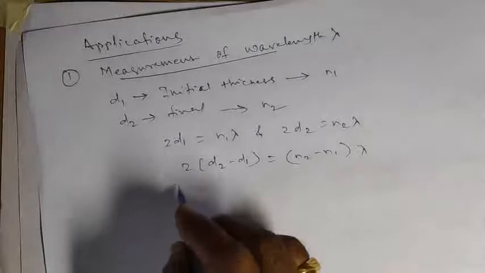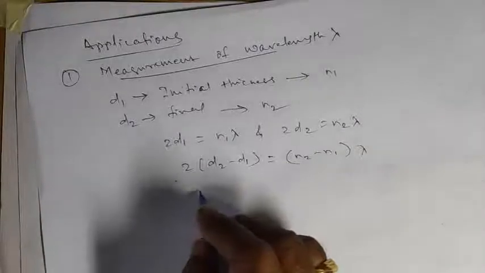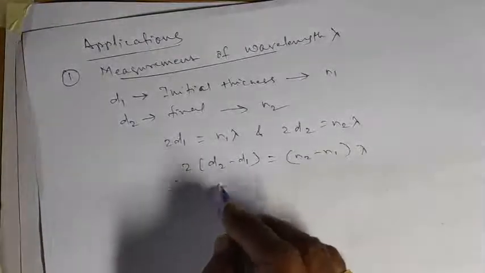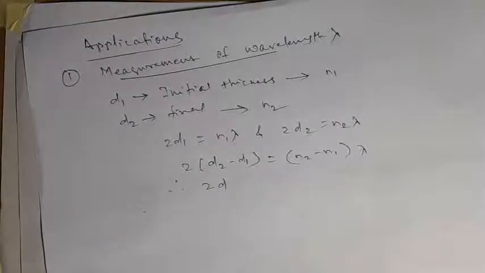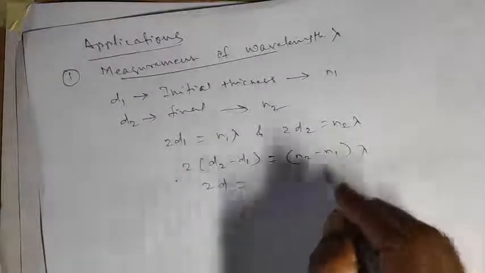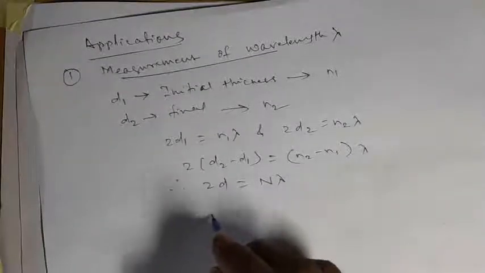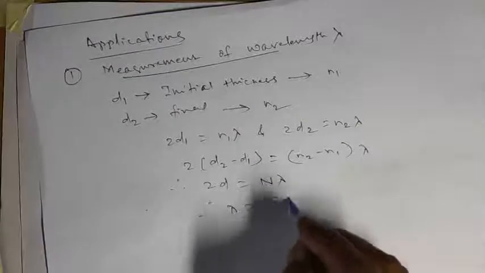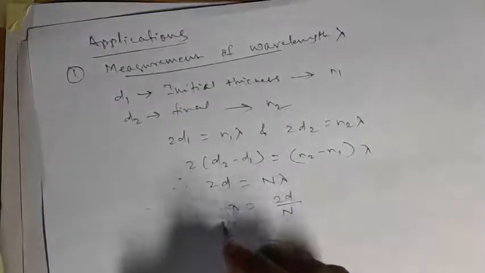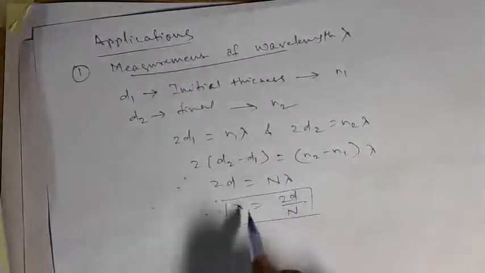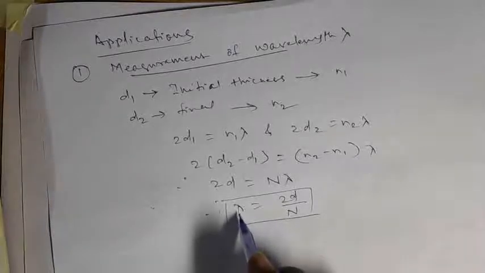Now d2 minus d1 can be represented as d, and n2 minus n1 as capital N, and therefore lambda can be written as 2d divided by N. This formula we can use for the determination of lambda.